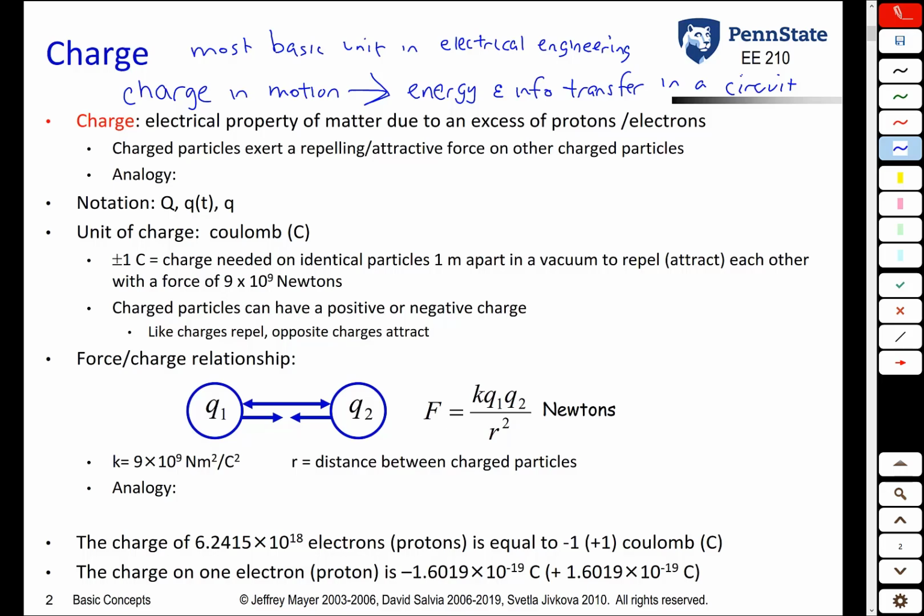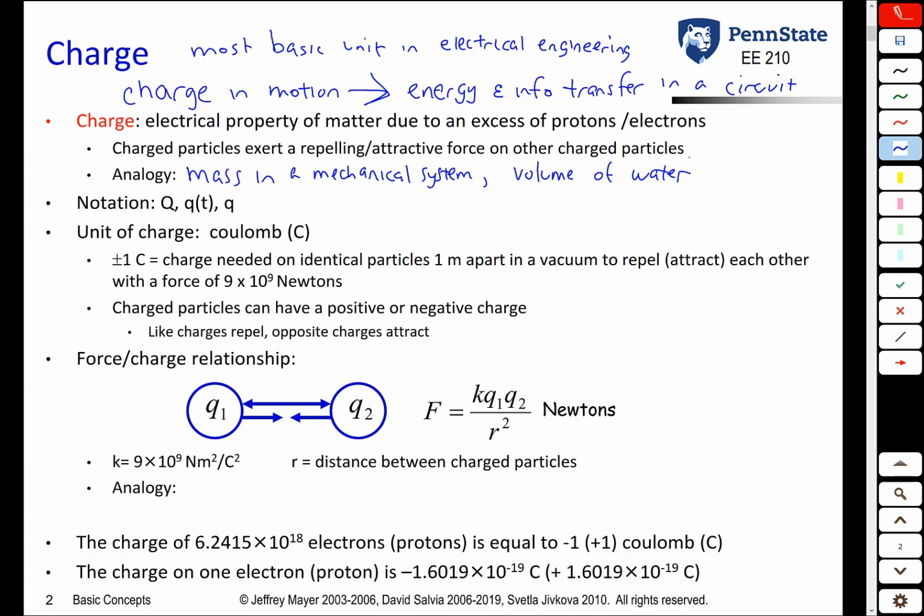A good analogy for a charge is a mass in a mechanical system. Another good analogy would be a volume of water. We'll see throughout circuit analysis, we will use a lot of analogies that deal with water because the flow of water is sort of like the flow of electrons. We'll talk about this more soon.